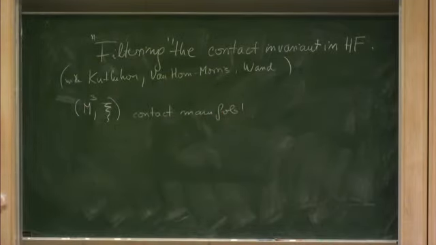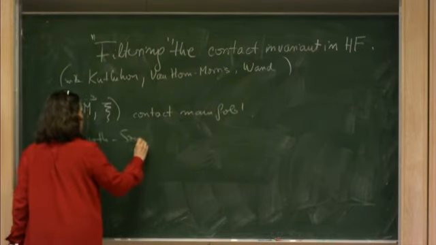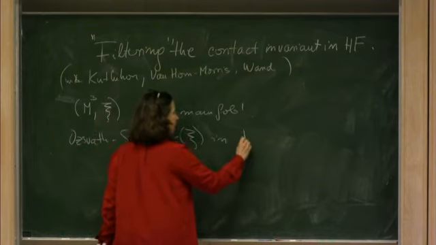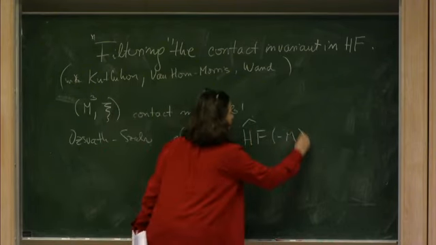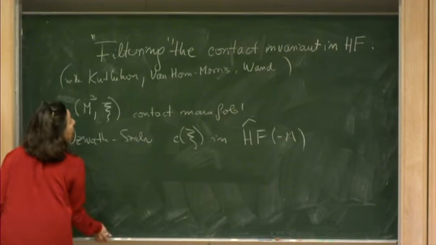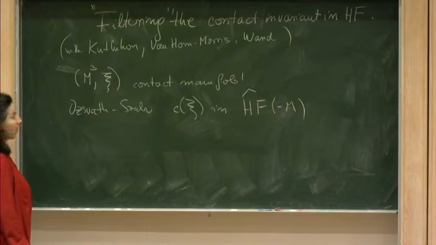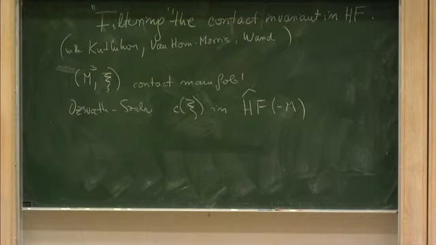Then Ozsváth and Szabó defined the contact invariant in Heegaard Floer as an element in Heegaard Floer homology of minus M. We've heard from John about similar things in a different flavor of Heegaard Floer homology, and I'm going to be talking about a different flavor of Floer homology.